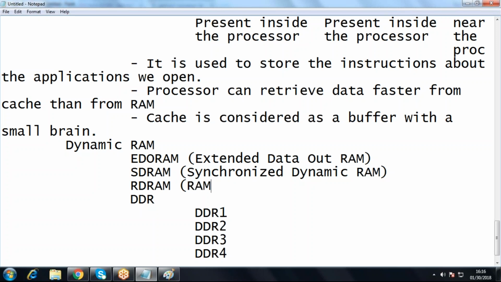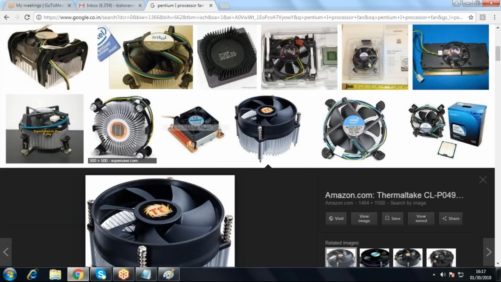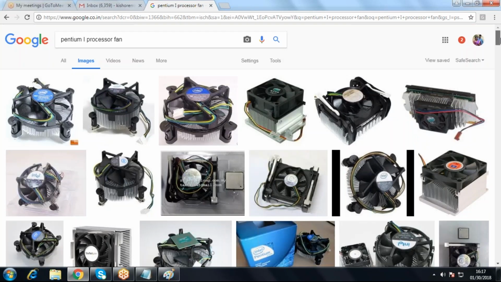RDRAM stands for Rambus Dynamic RAM, and DDR RAM stands for Double Data Rate RAM. So, how do we identify the different types of RAMs?